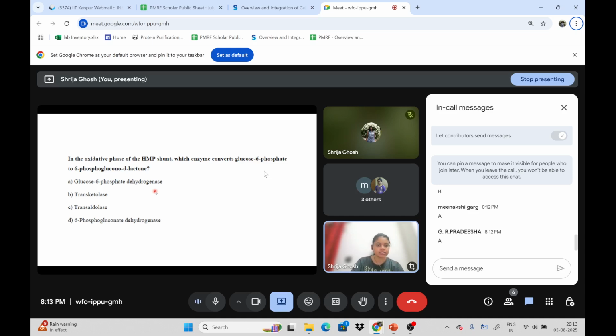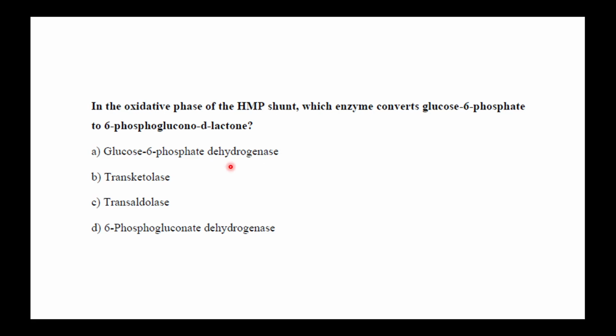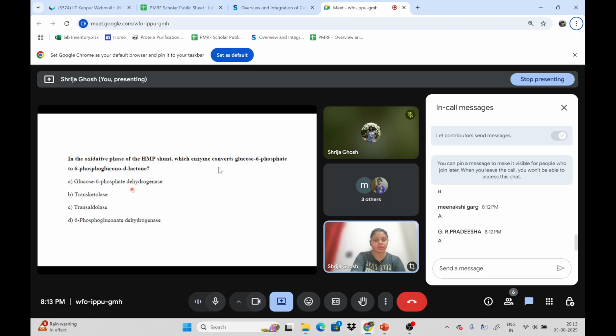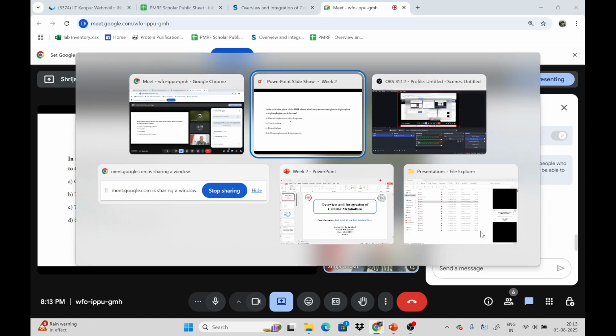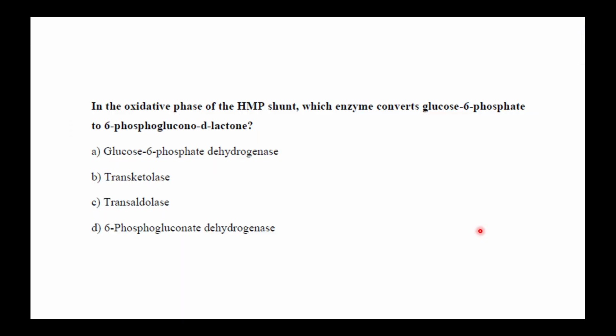So I can see two of you have written option A, that is glucose 6 phosphate dehydrogenase. Glucose 6 phosphate dehydrogenase converts glucose 6 phosphate to 6 phosphoglucono D-lactone. That is the correct answer.